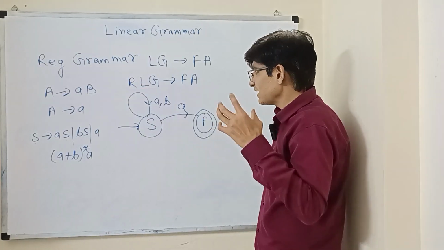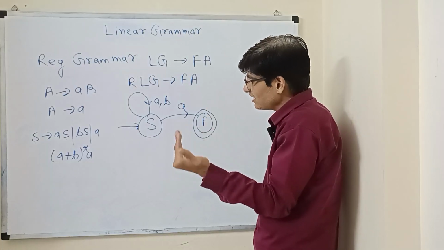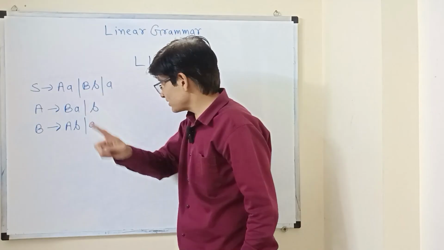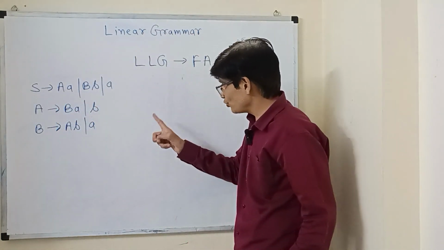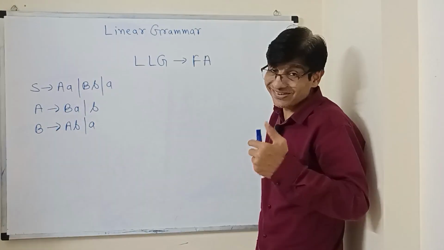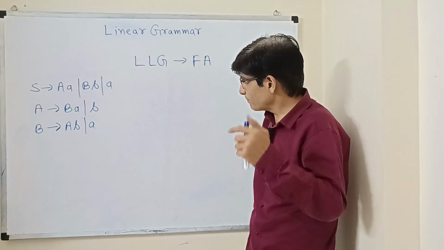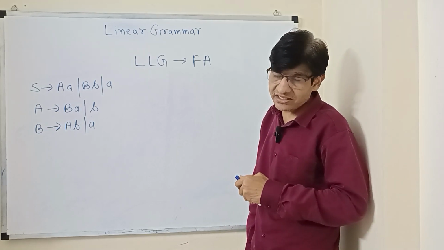Now we will see another conversion, LLG to FA, left linear grammar to FA. This is one left linear grammar, and we will convert it into finite automata. As you can see, we can directly convert a right linear grammar into finite automata by converting each production into the corresponding transition.